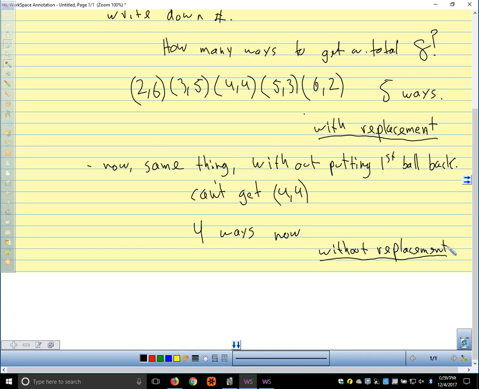What we're going to be interested in is counting things that are a little more complicated than just having 6 things to choose from. One of the ways that we're going to do that is called the fundamental counting principle. Everybody good with the idea of with and without replacement? Yeah.